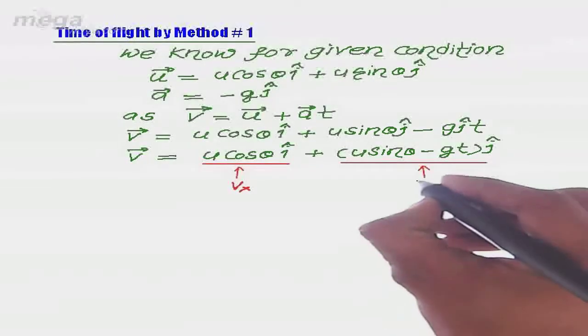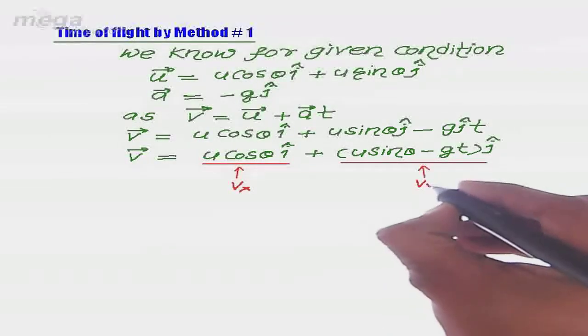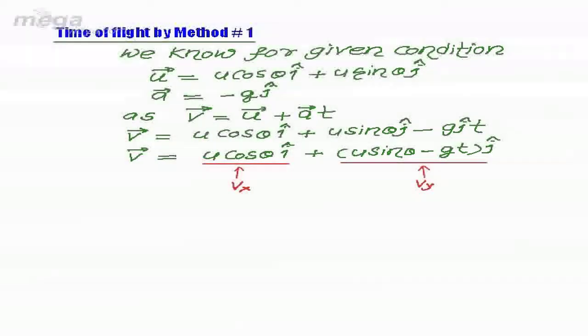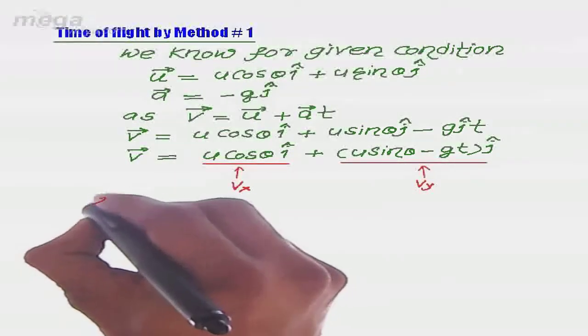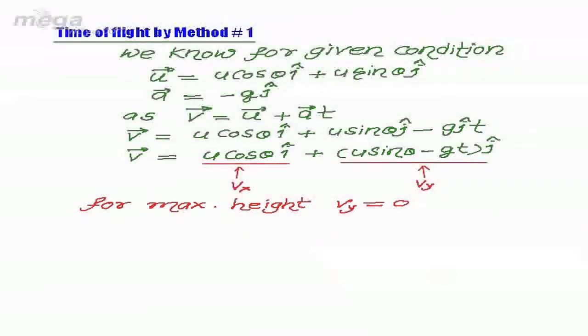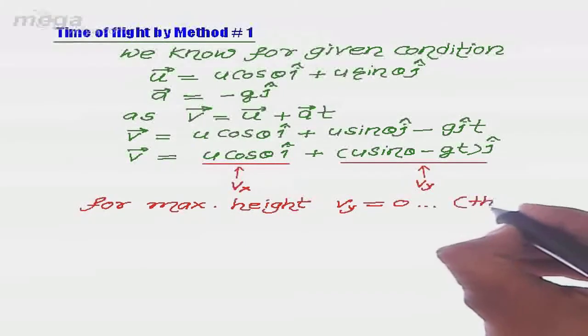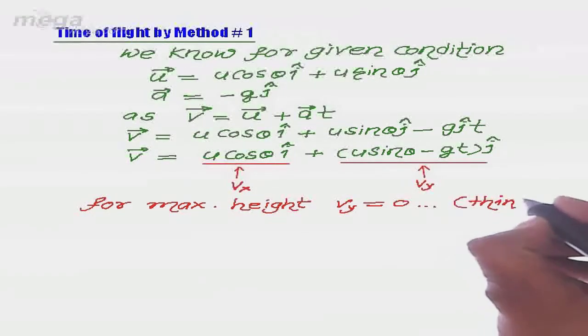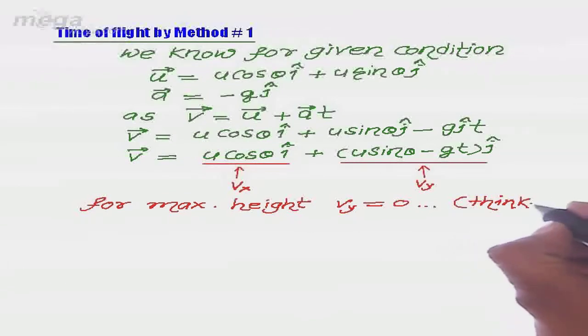But the second component, which is along the y direction, we call the component of velocity along the y direction. For maximum height, the y component of velocity becomes 0. Just think on this point, why I am saying this.